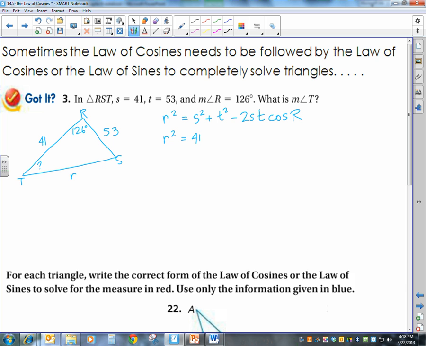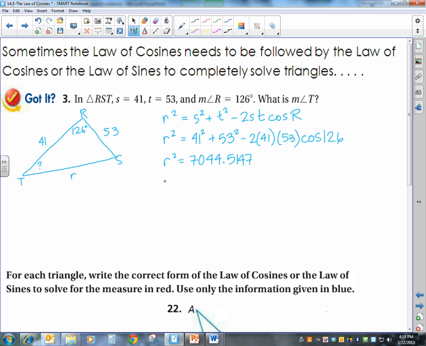S is 41 squared plus 53 squared minus 2 times 41 times 53 cosine of r, and r of course is 126. So we put that in our calculator and we find out that r squared equals 7044.5147. You don't need to carry it out that far, but we did.